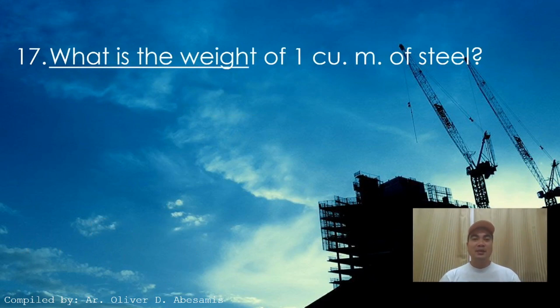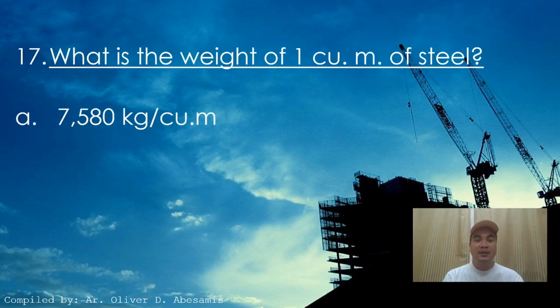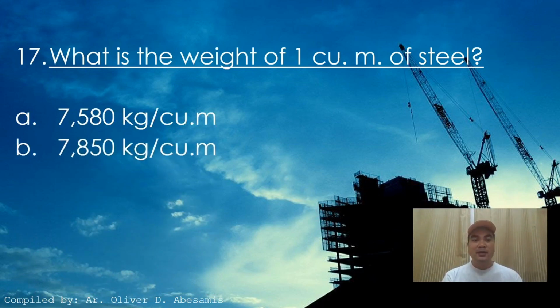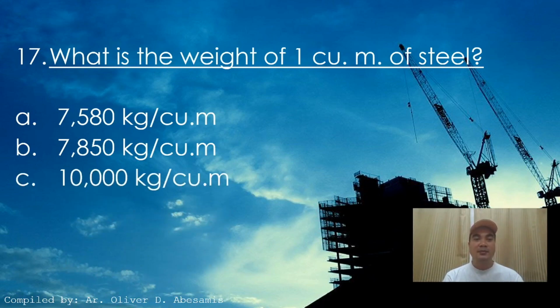17. What is the weight of 1 cubic meter of steel? A. 7,580 kilogram per cubic meter. B. 7,850 kilogram per cubic meter.